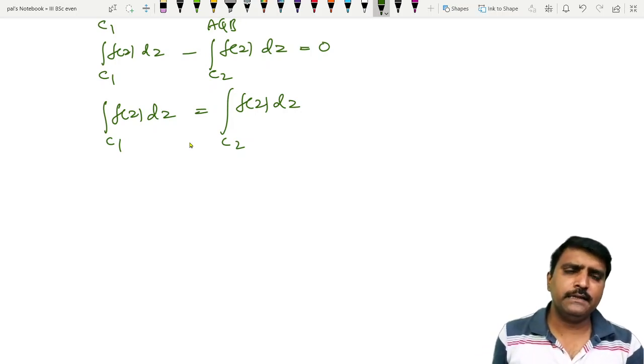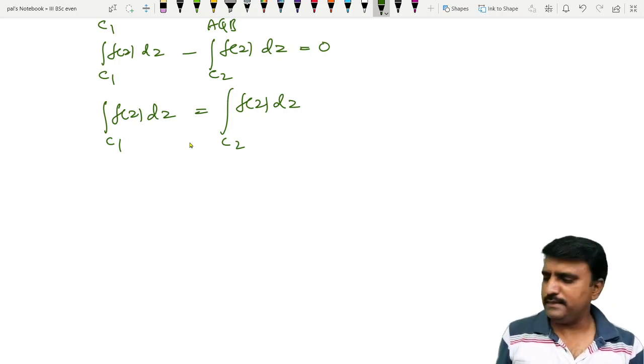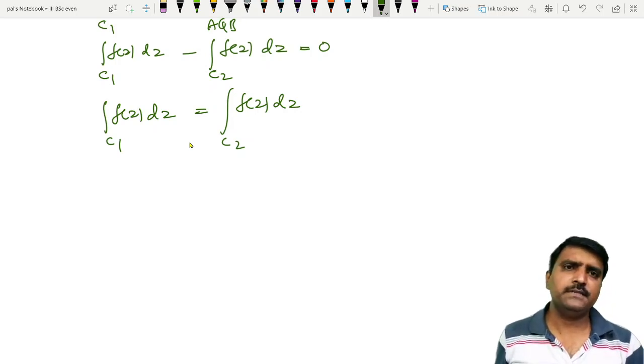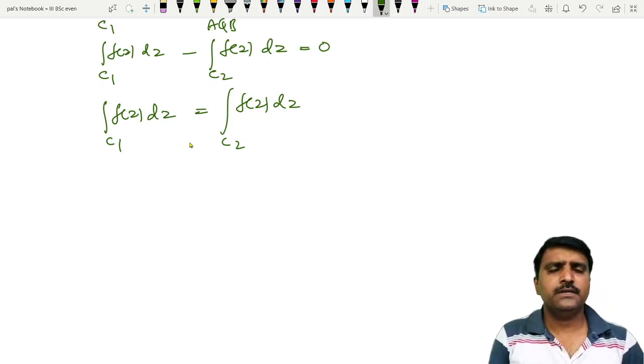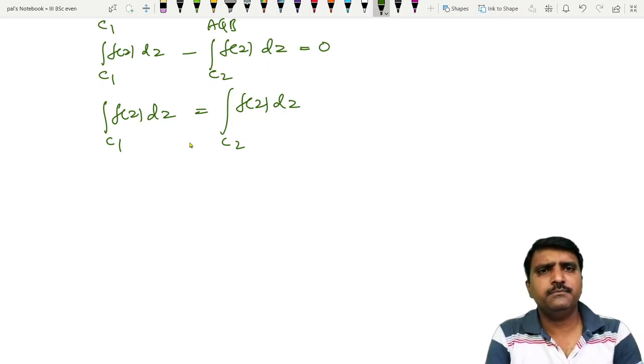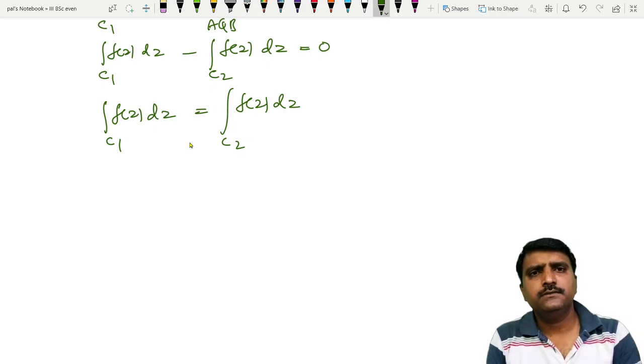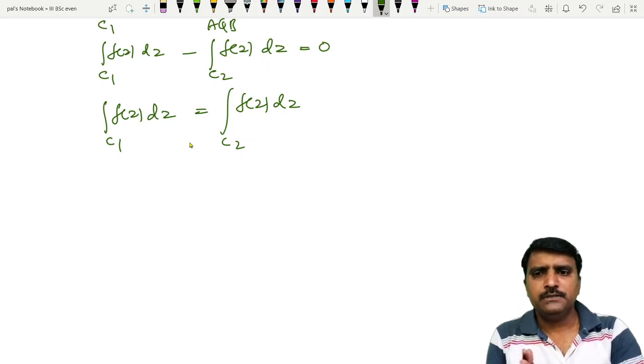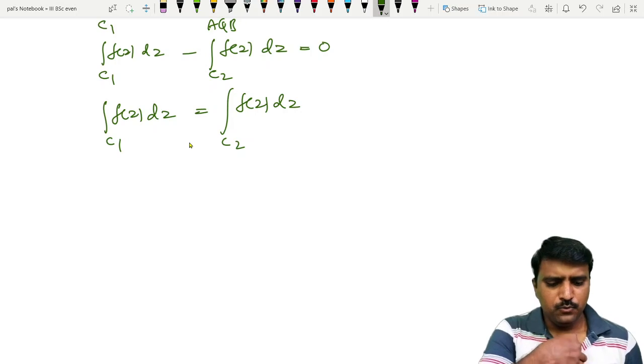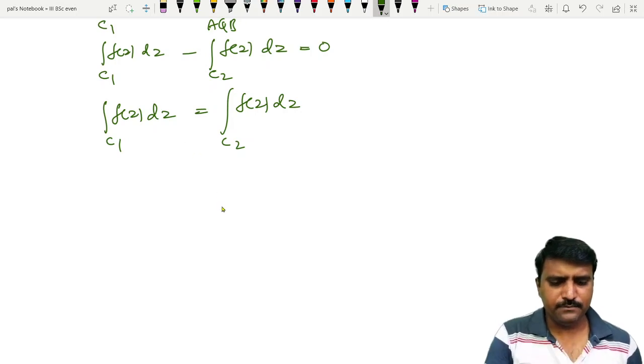In other cases, it is not possible. If f of z is analytic, the line integration between 2 points does not depend on the path. It depends only on the end points. So this is one of the consequences of Cauchy's theorem.